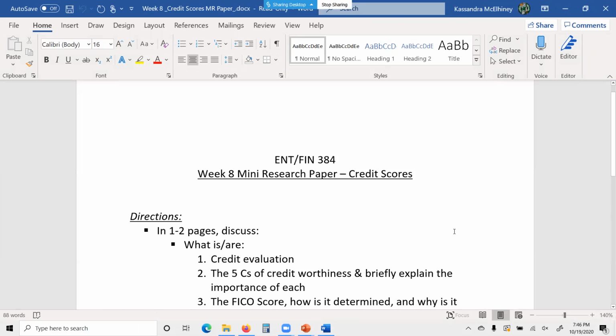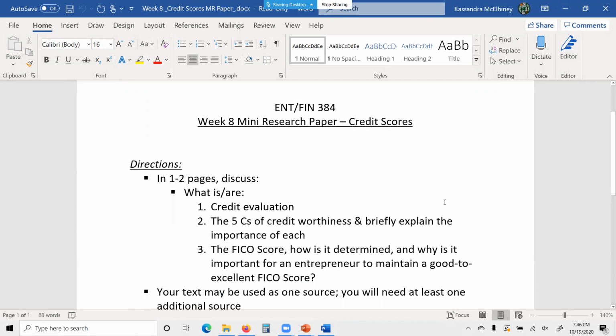So one to 2 pages, just like as usual. It's a little bit about what credit evaluation is, what the 5 C's are, and maybe explain a little bit of the importance of each. What's the FICO score? How is it determined? There's an additional question here, not even covered by the book: why it's important for an entrepreneur to maintain a good to excellent credit score.